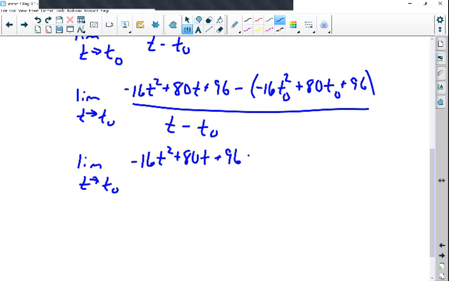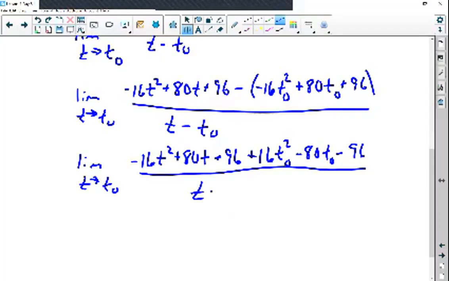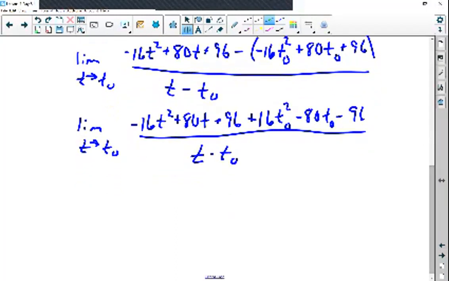I just want to make sure I get the signs all correct. Okay. One thing you might notice, we have plus 96 and minus 96. Those cancel. That's kind of nice.